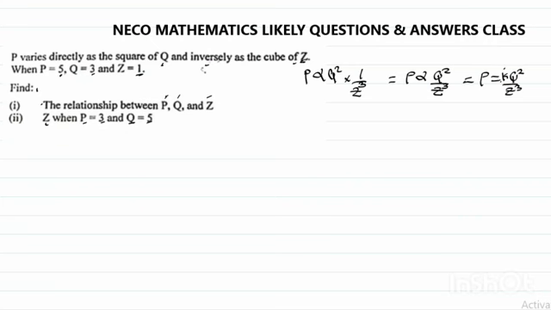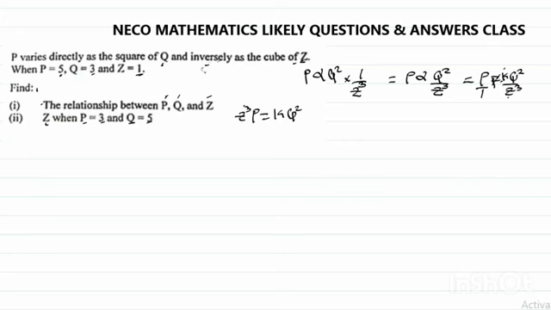If we make K the subject of the formula, the first thing is that this part here is a fraction. So you can write the other side as a fraction by introducing over 1, and then you cross multiply. So we have Z with power of 3 multiplied by P equal to K multiplied by Q with power of 2.